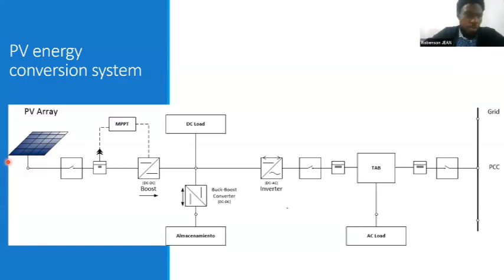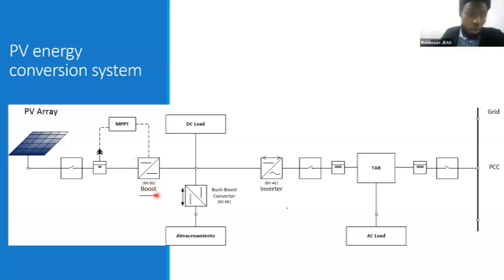Let us see how a PV energy conversion system looks. A PV conversion system will look like that. For example, we have the PV array, and after that we have a protection system, and we have an MPPT that we use to track the maximum power, as solar energy is intermittent. In order to deal with the fluctuation, we use an MPPT.